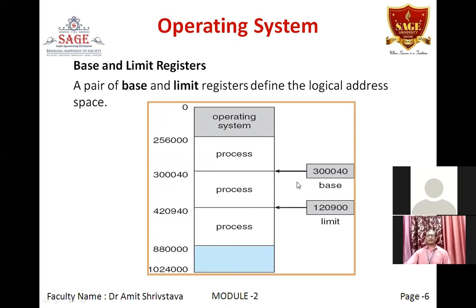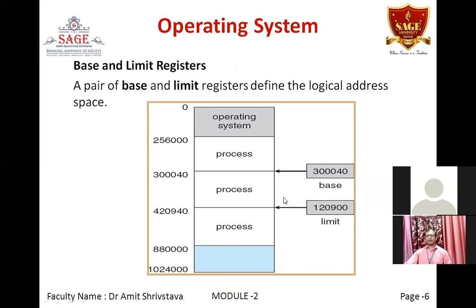So the base register will hold the address of the first instruction or first line of this particular process, which is 30040. And the limit register tells us what is the total size of this program. How can we obtain it? Simply, we will subtract this 30040 from 420940. Fine. So this is our limit. It is coming to be 120900.